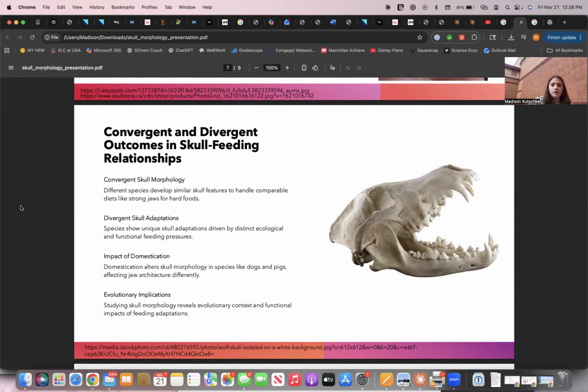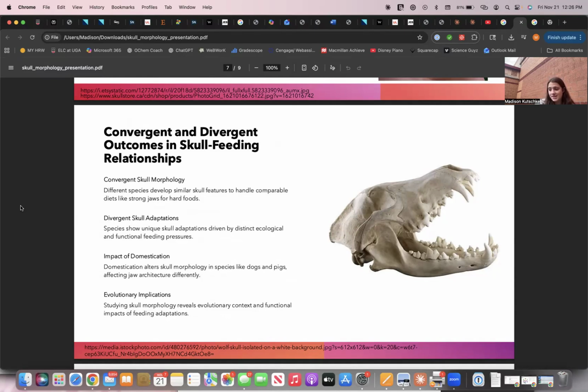Okay, so skull and feeding relationships. All right, so across our species, we have seen both convergent and divergent outcomes. Convergent meaning the similar adaptations for stronger bite forces in both our dogs and our pigs, and then divergent, rabbits and horses that are showing unique skull features that are tied to their diet and selection pressures.